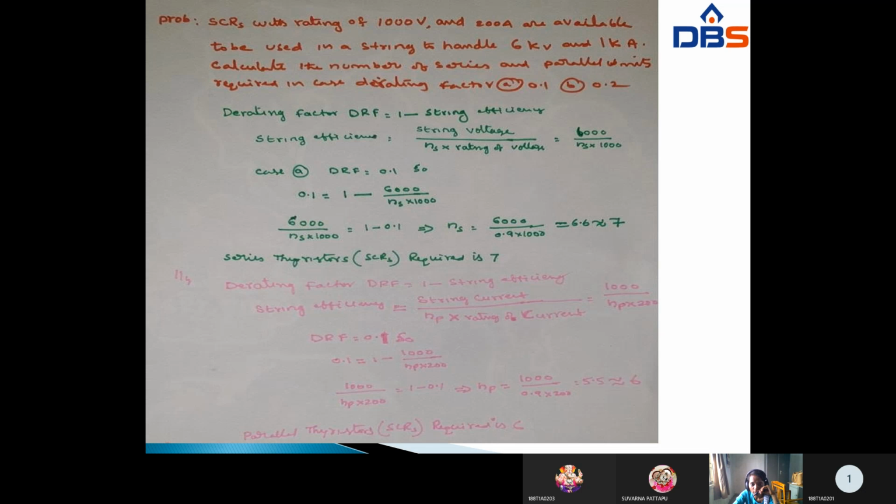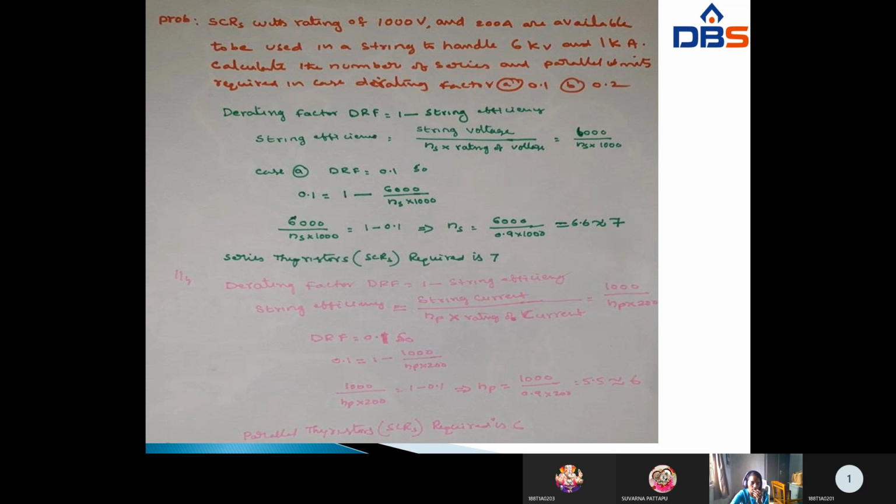So 0.1 equals 1 minus 6000 by Ns into 1000, where the string voltage is 6 into 10 power 3. So Ns equals 6000 by 0.9 into 1000, which is 6.6, so about 7. So 7 series thyristors SCRs are required.